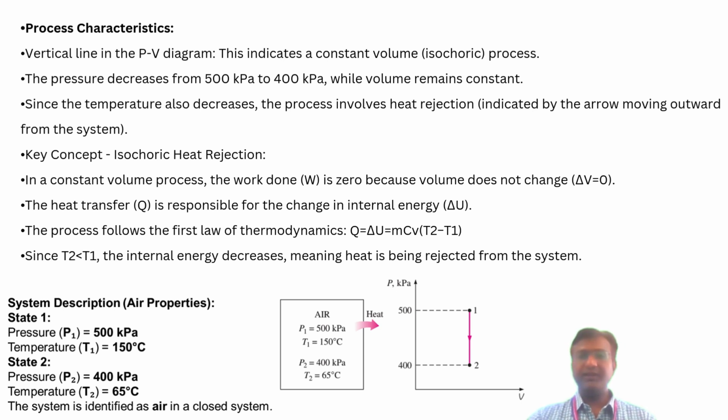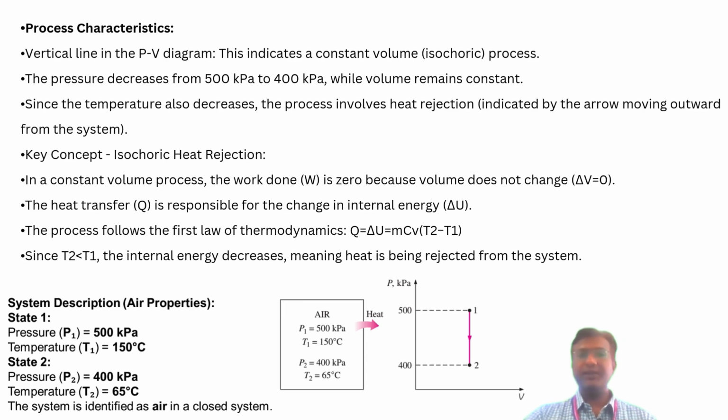Now take the case in which the system properties at state 1 are pressure P1 of 500 kilopascal and temperature T1 of 150 degrees centigrade. At state 2, the pressure P2 is 400 kilopascal and the temperature is 62 degrees centigrade.